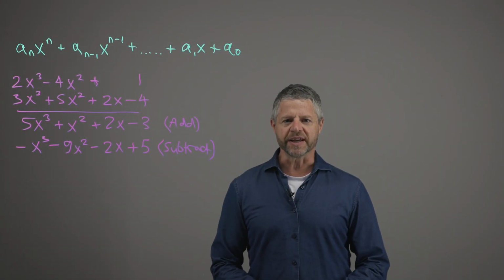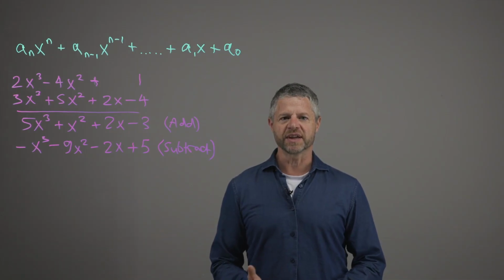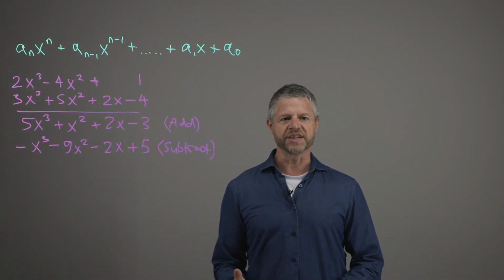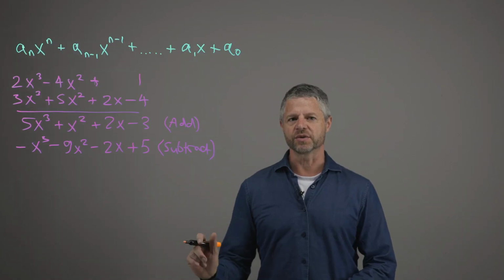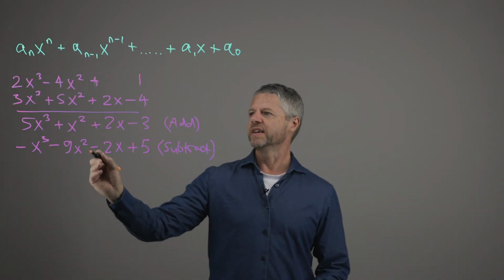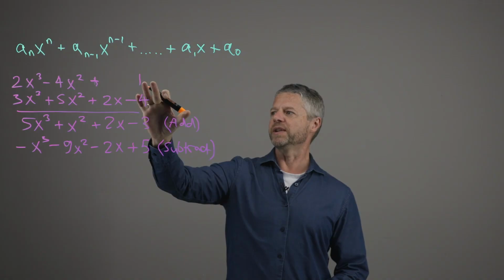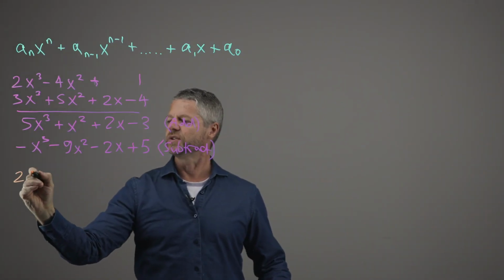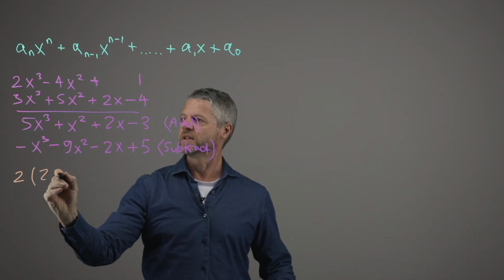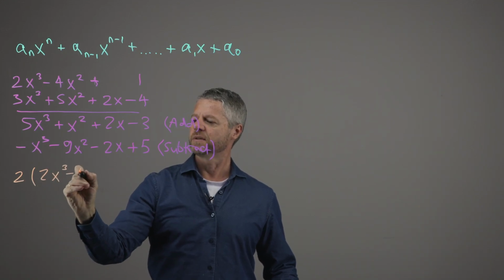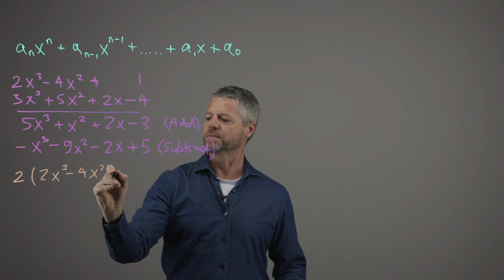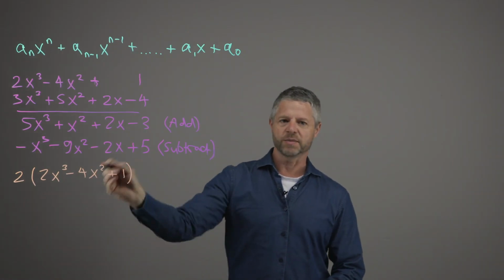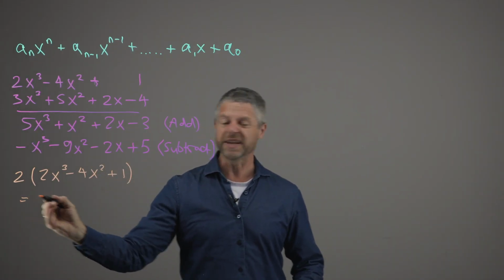To multiply polynomials, we can think of this just as repeated addition or subtraction. What I mean by that is, let's take this first polynomial again, and let's multiply it by 2. So 2 times 2x cubed minus 4x squared plus 1. And we can think of this as just repeated addition.